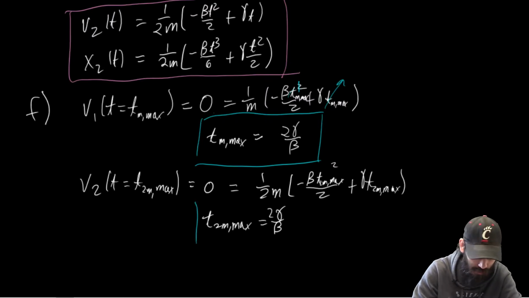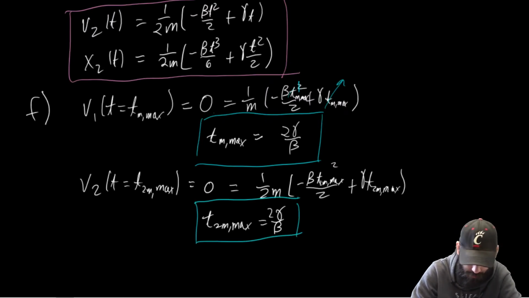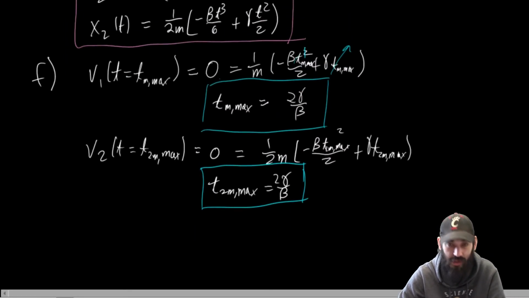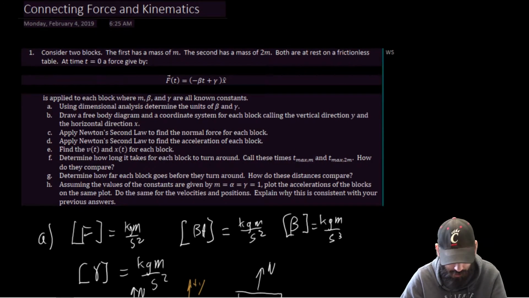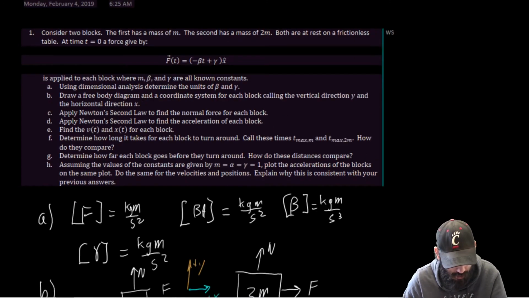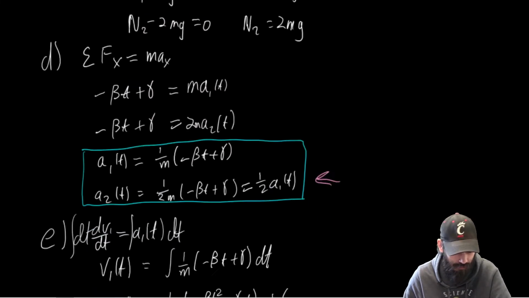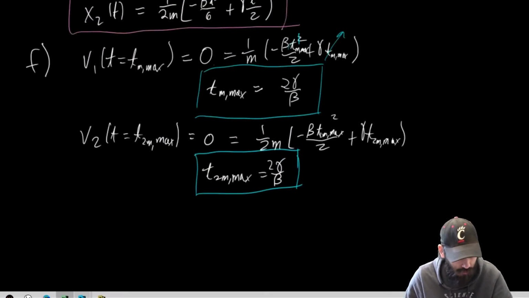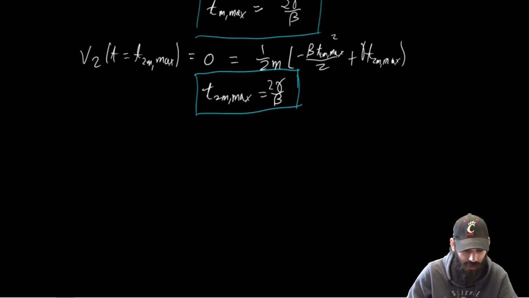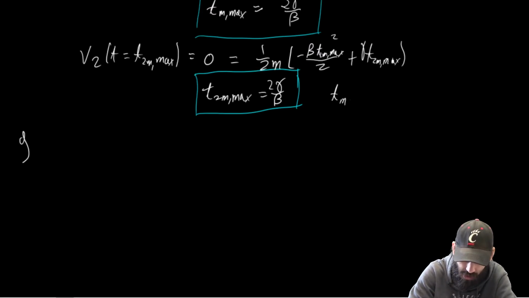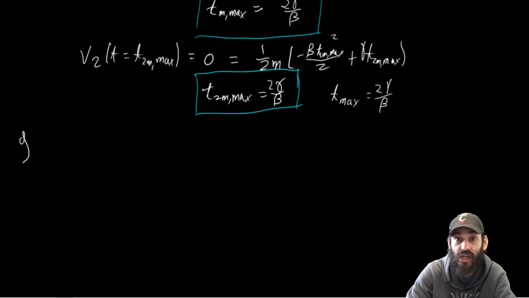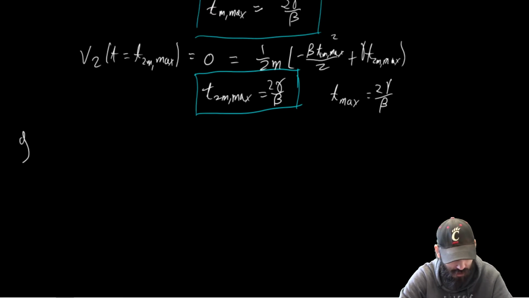Okay. Now, here is the interesting part. This is going to come when I'm trying to find how far each one of these actually goes when these turn around. So now that we have these times, I'm just going to consolidate this and call this t max, equal to 2 gamma divided by beta, because they're going to be the same times.